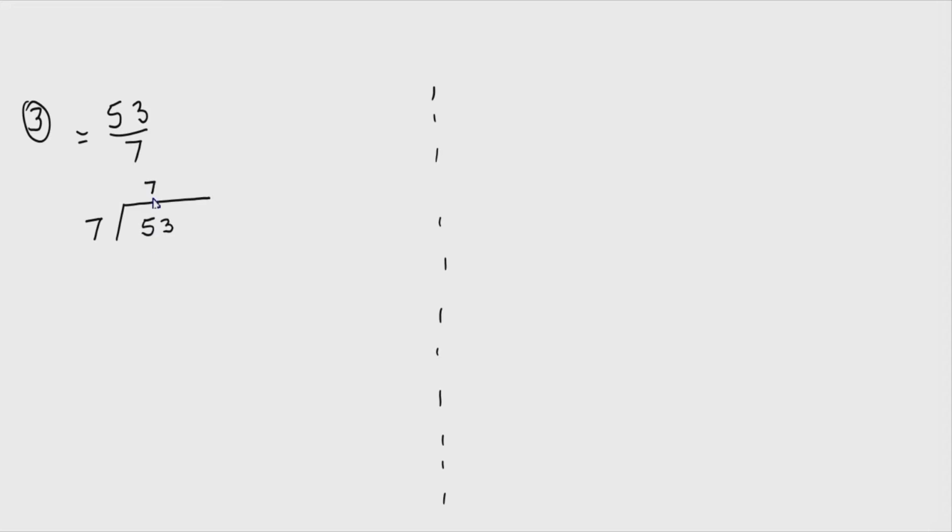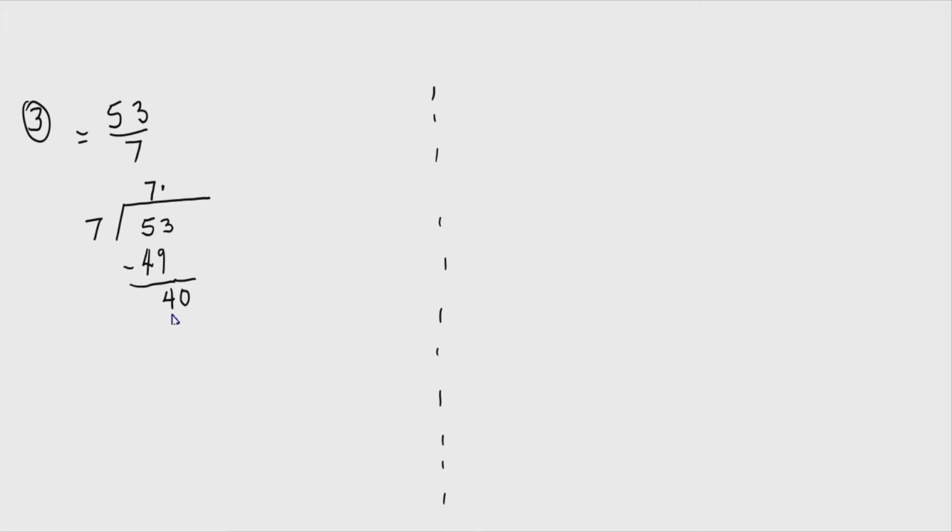So that's 7 times 7, 49. So we'll write 49 down here, and the difference here, 6 from 10 is 4, and that's that. And we added 0 to that decimal place. 7 and 40.